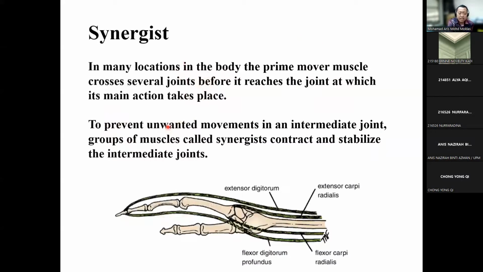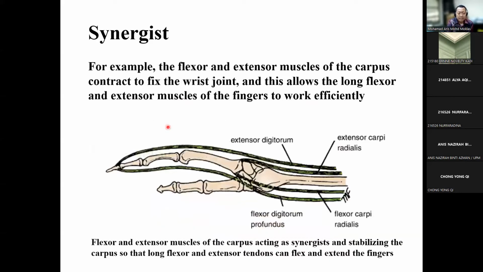Synergists: in many locations in the body, the prime mover muscle crosses several joints before it reaches the joint at which its main action takes place. To prevent unwanted movement in an intermediate joint, a group of muscles called synergists contract and stabilize the intermediate joint. For example, the flexor and extensor muscles of the carpus contract to fix the wrist joint.